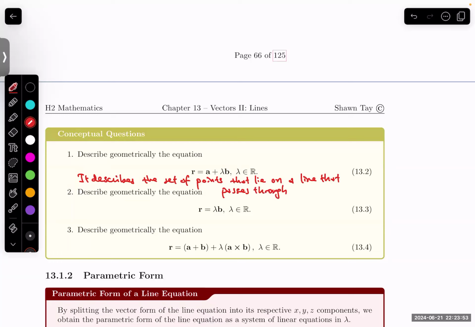So it describes the set of points that lie on a line. Sorry, it's not even a set of points.